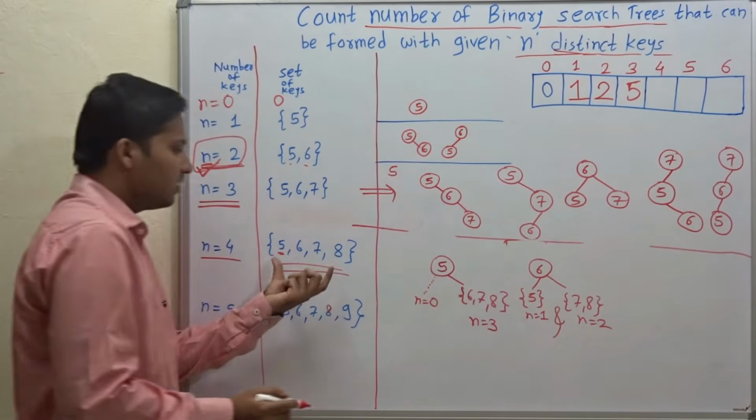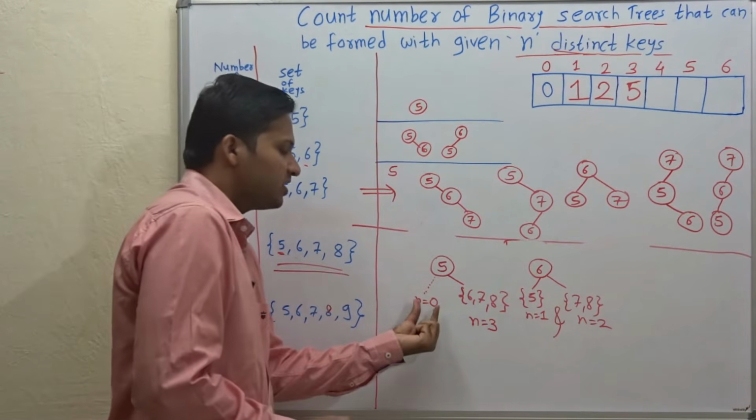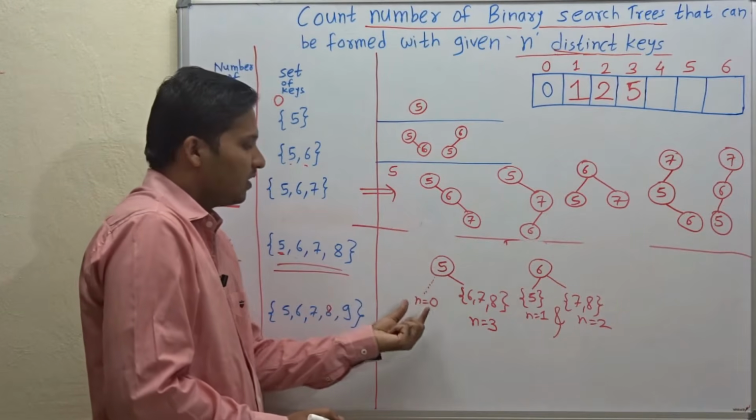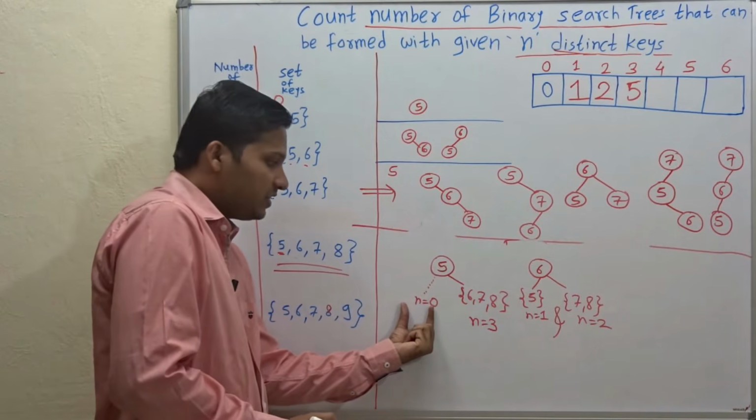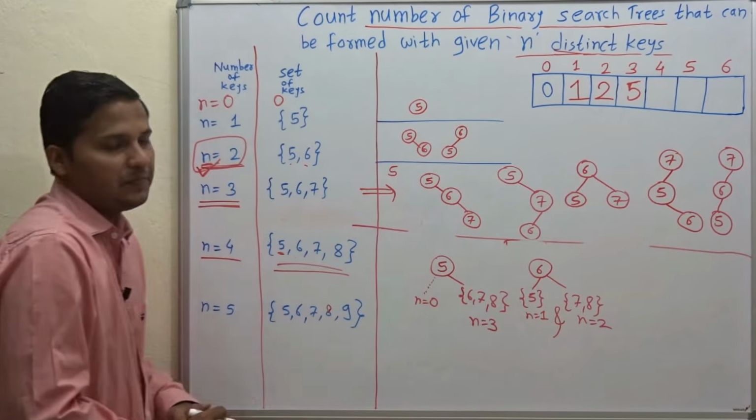So if we take a sorted set, then the first possibility is that if we make the first element the root, then n equal to 0 on the left side and n equal to 3 on the right side.